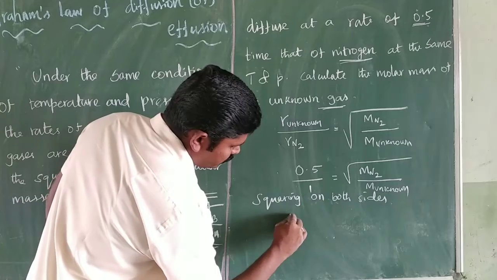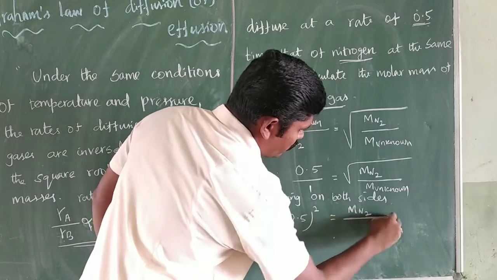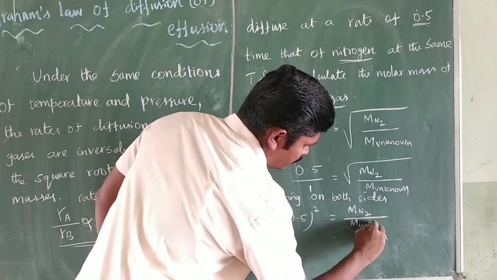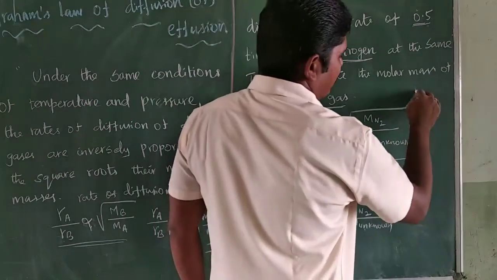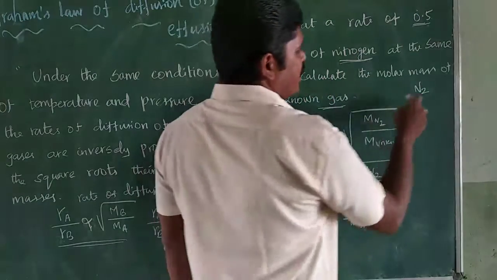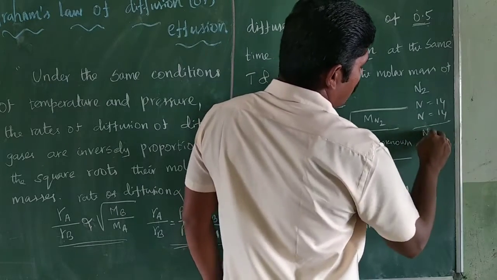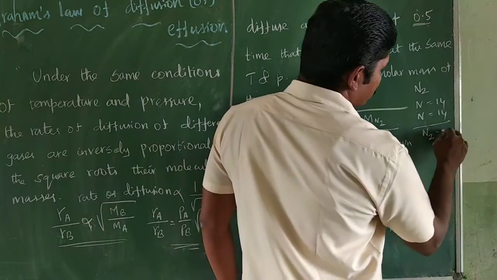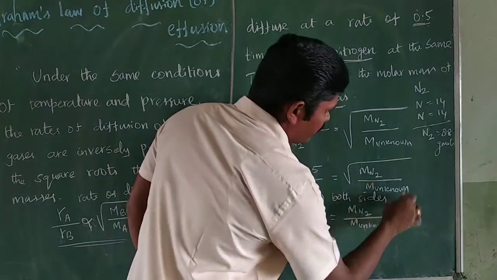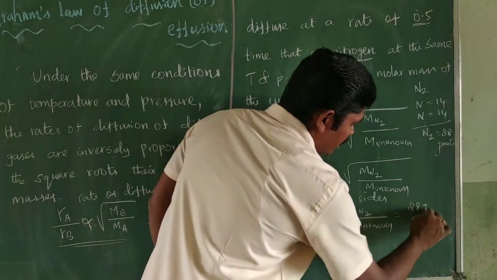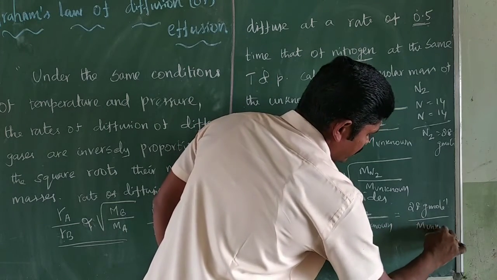Squaring on both sides, 0.5 whole squared is equal to M N2 divided by M unknown. The atomic mass of nitrogen is 14, and there are two atoms, so the molar mass of nitrogen gas is 28 gram per mole. That is equal to 28 gram per mole divided by M unknown.